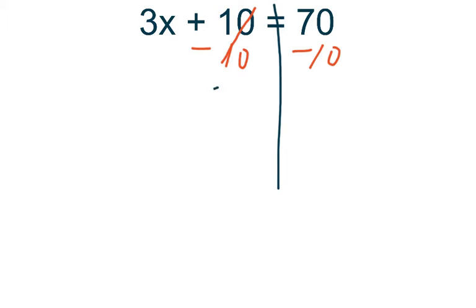And we bring down what's left, which is 3x equals, then over here we take 70 minus 10, and that's 60. Still don't have the variable isolated, so since x was multiplied by 3, I'm going to divide by 3.